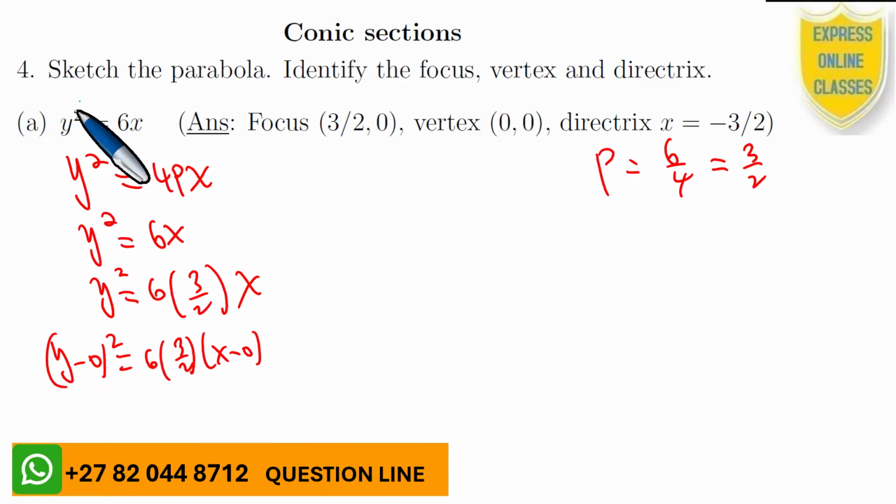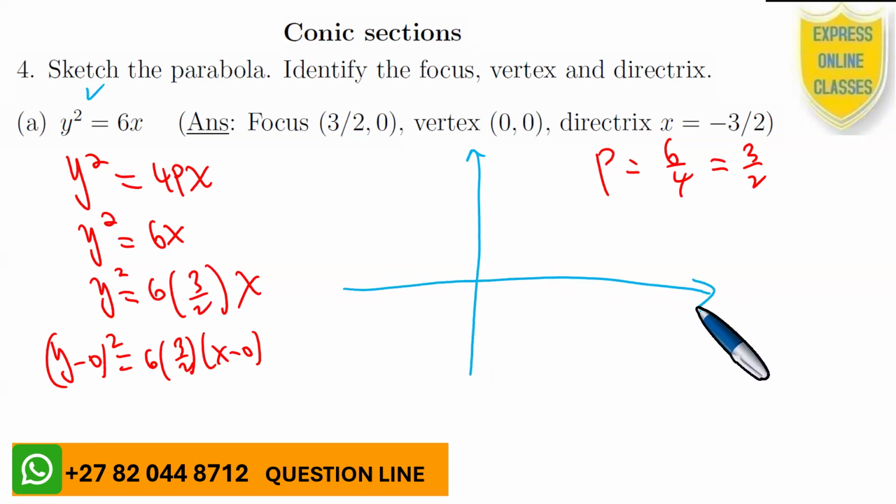Then we need to sketch, of course. Sketching these, x and then y. The vertex is going to be 0, 0.